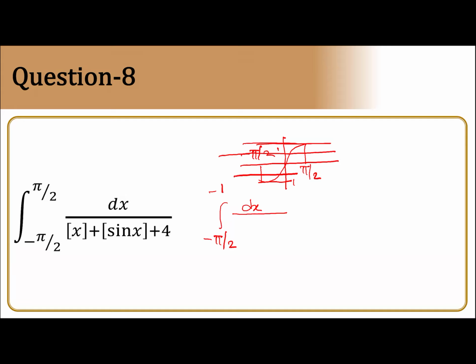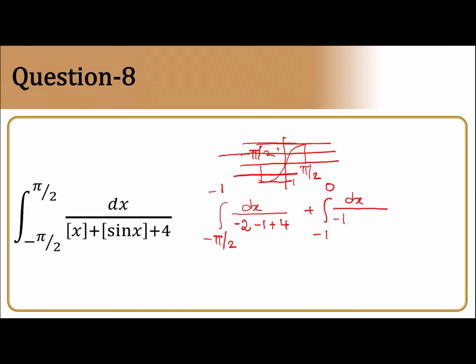Now, from minus pi by 2 to minus 1, the greatest integer of x will give you minus 2 because it is less than minus 1. And sin x value will always be minus 1, plus 4, part 1. Next comes minus 1 to 0, dx.